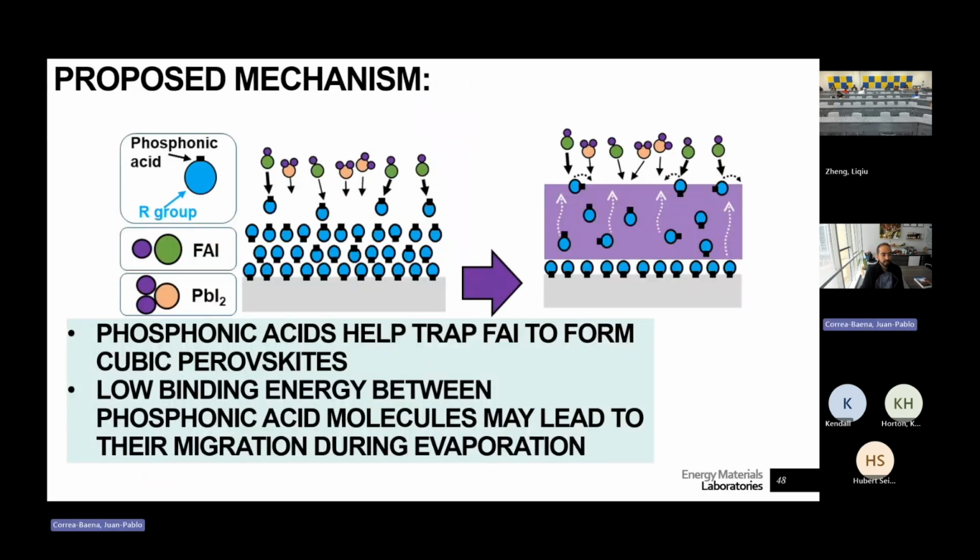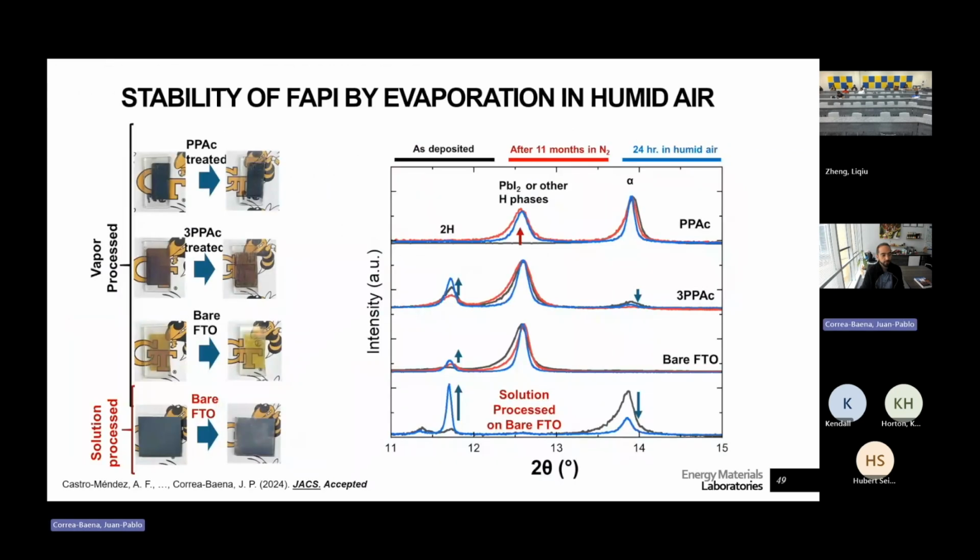And we have a proposed mechanism: we know there's an interaction between the molecules that we're evaporating on the material and some of these molecules that we have on the substrate. If you look at the stability of these materials, they are pretty stable. We're subjecting them to really high moisture content, close to 100%, and you can see that the materials degrade.